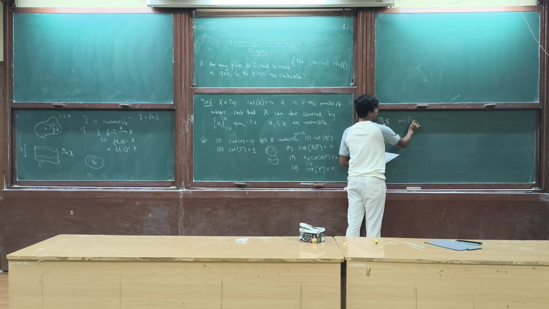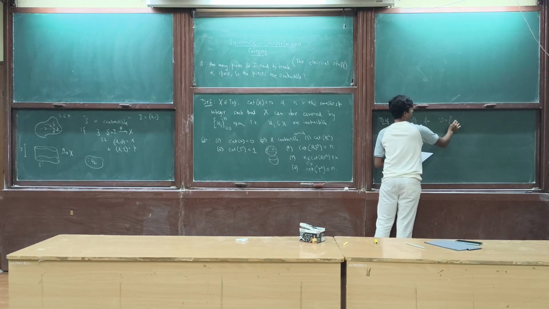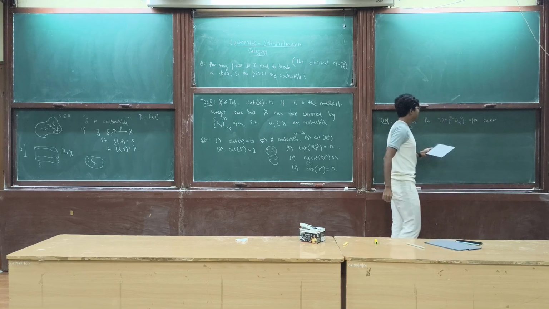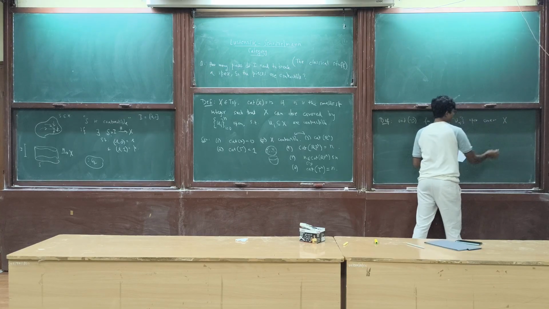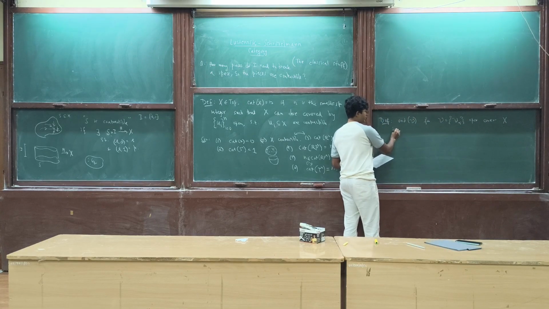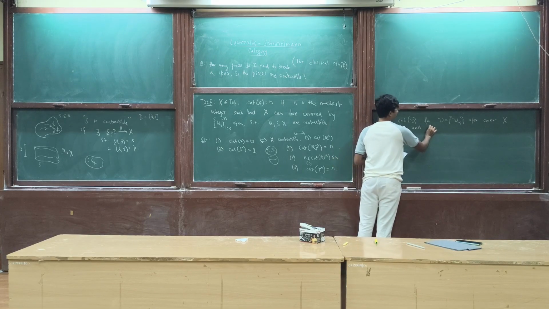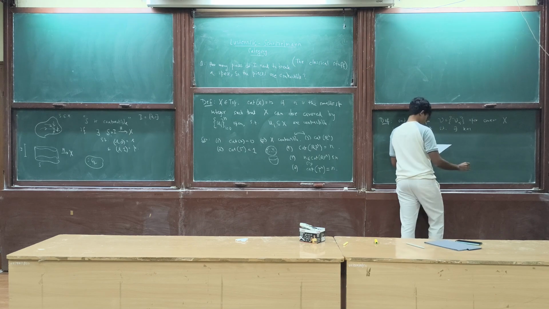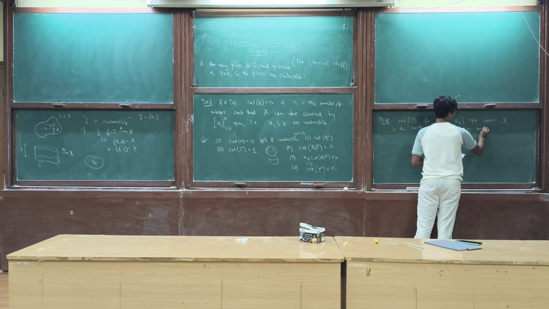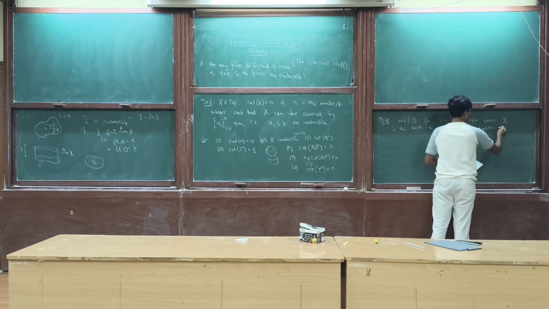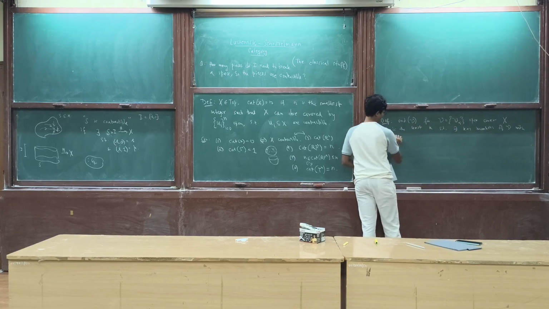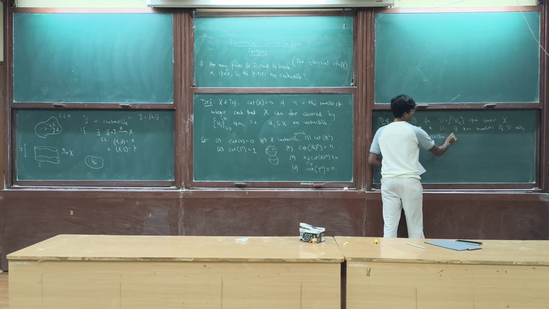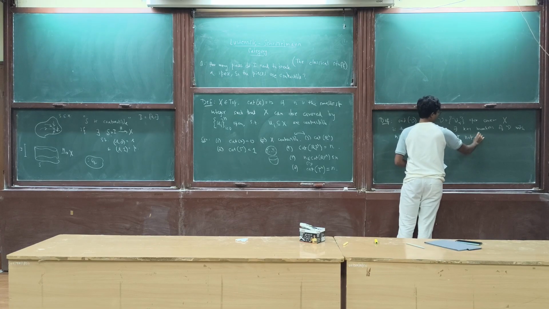The order of an open covering V: let's say we have an open cover of a space X. Its order is the least integer k such that there exist k plus 1 members of V with non-trivial intersection, but not k plus 2.